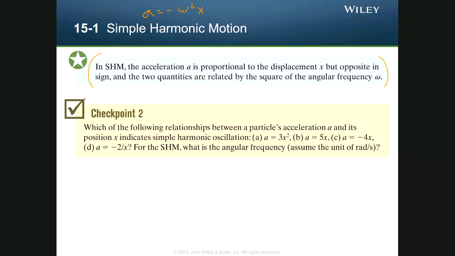So I've got C. C looks pretty good. A, you'll notice, is proportional to x squared, so that's not going to be good because it has to be linear. Here it's proportional to x to the minus 1, so that one's not good. What about B? What's wrong with B?